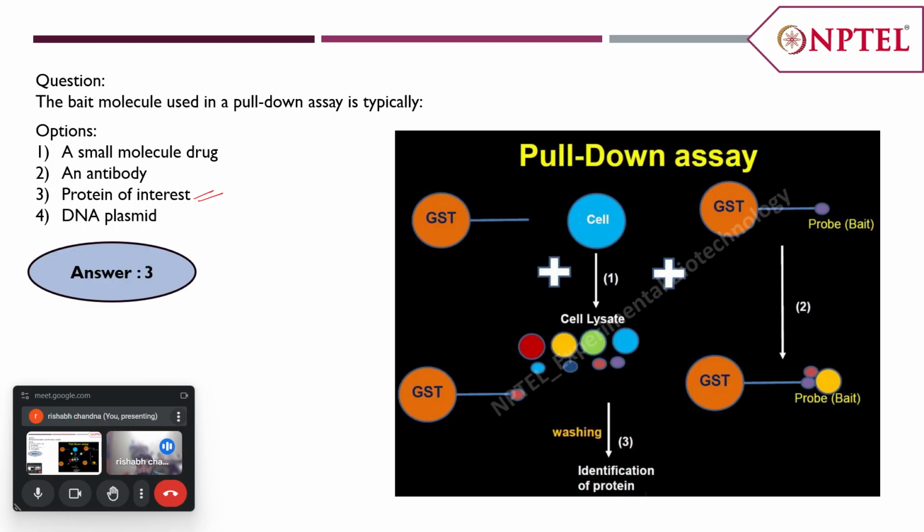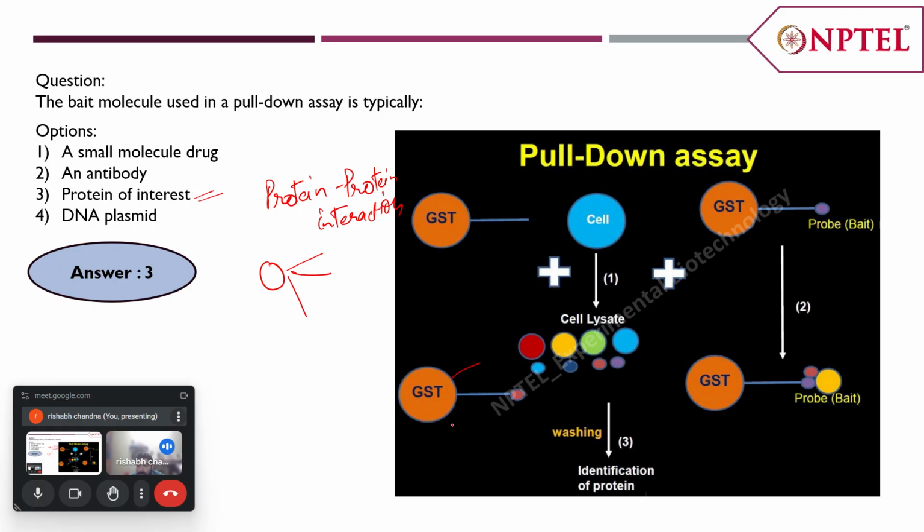For example, if we have to study protein protein interaction, there is a signaling molecule that interacts with multiple partners inside a cell. So what we do is we isolate the cell lysate from our cell, and that is coated with the particular protein that can be GST or any other molecule or an antibody.